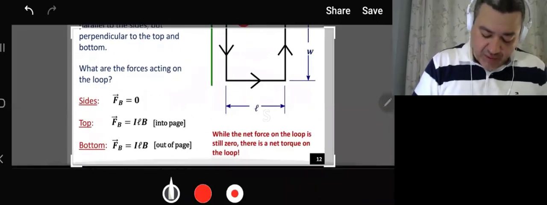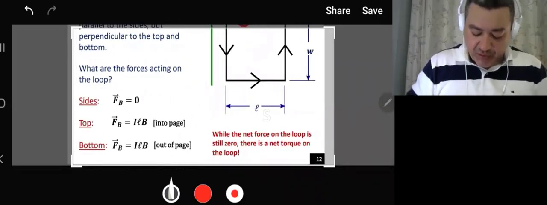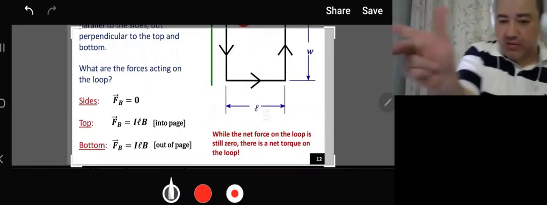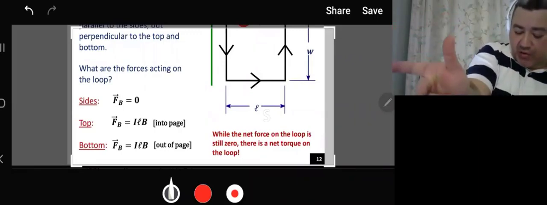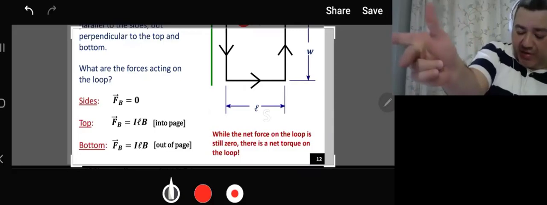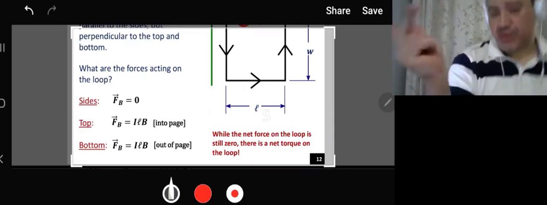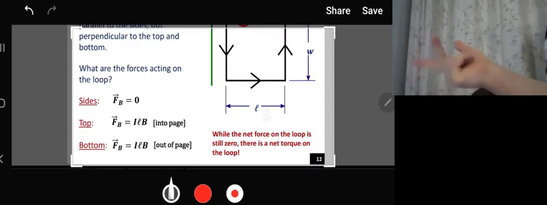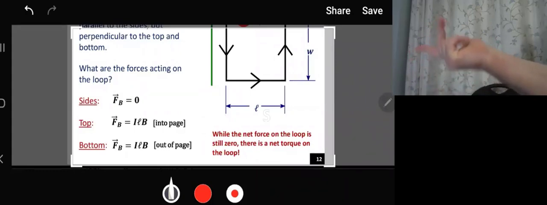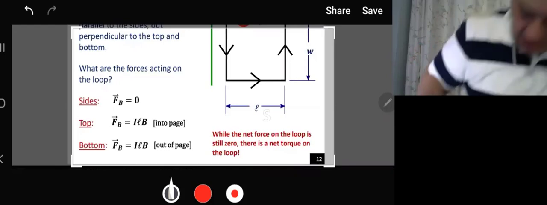If I am to evaluate now, the bottom one is the opposite. I have the current going in this direction. I have the magnetic field pointing up. Then the thumb would be pointing out of the screen.